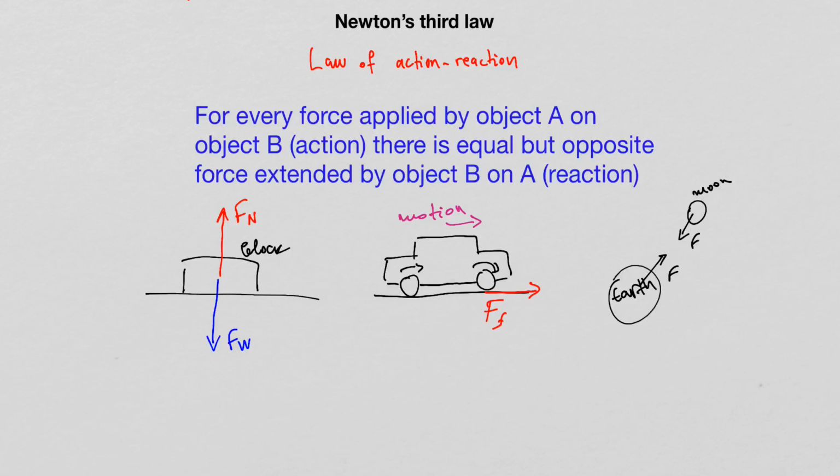That's why we see those tides. So that is a piece of evidence that the Moon gravitationally pulls on the Earth. The gravitational force between two objects is an example of an action and reaction pair of forces.